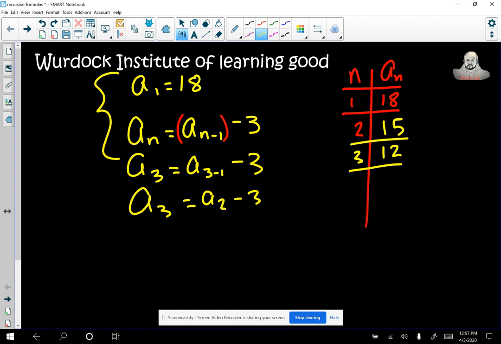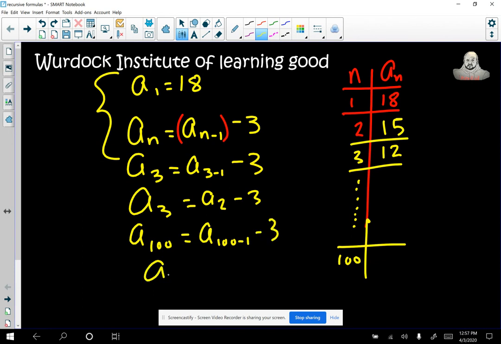This is a terrible way to figure out the 100th term. If you ever have this type of definition and they say calculate the 100th term, and you put a 100 in there, you would notice that all this means is that you take the 99th term and subtract 3, which was fairly obvious. We're subtracting 3 each time, minus 3, minus 3, minus 3.